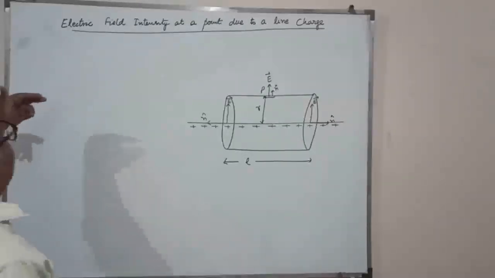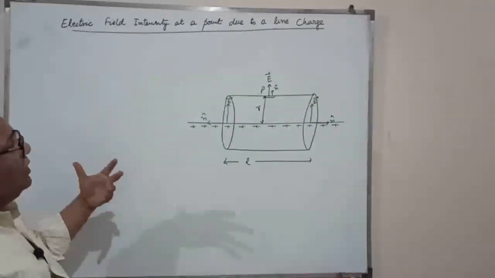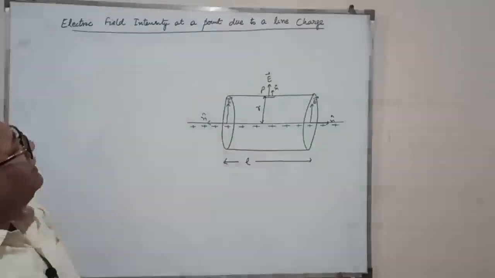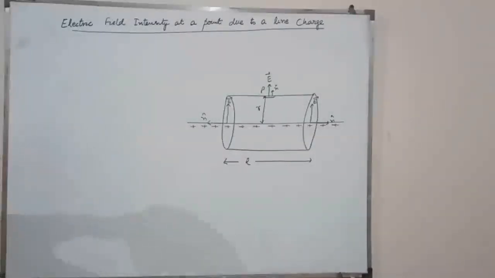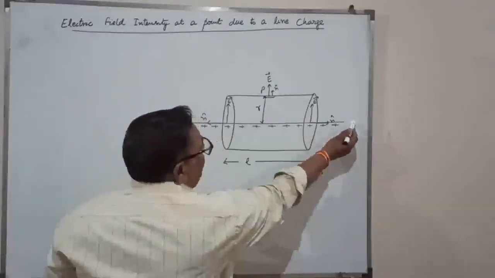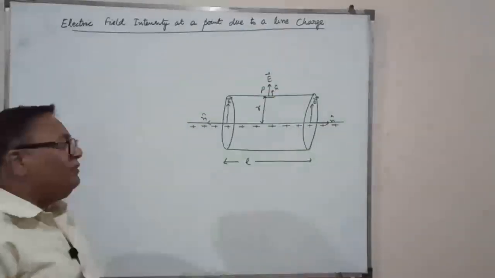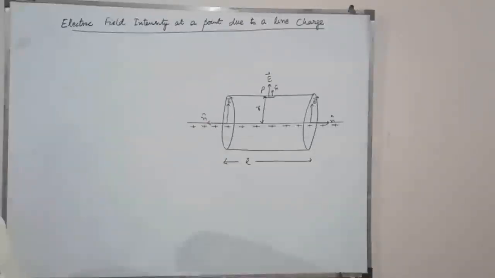let us take another example of Gauss theorem. Electric field intensity at a point due to the line charge. This is the line charge and P is the point at which we have to calculate electric field intensity. Clear?